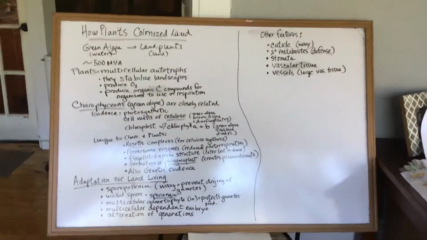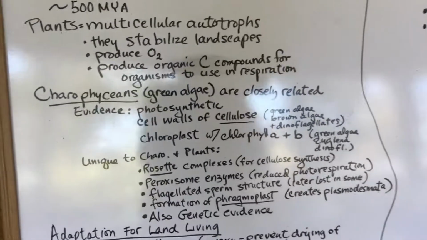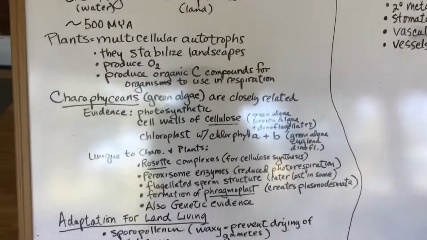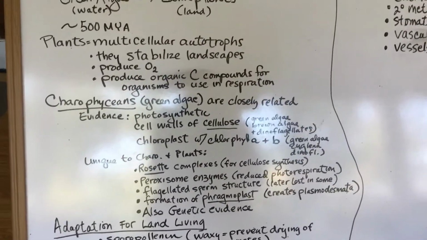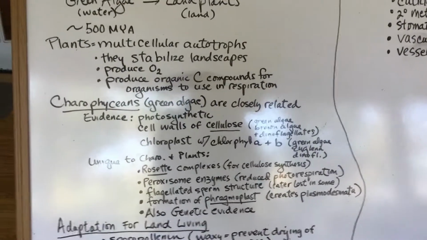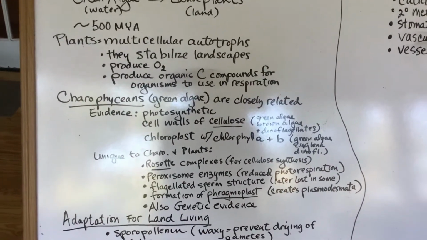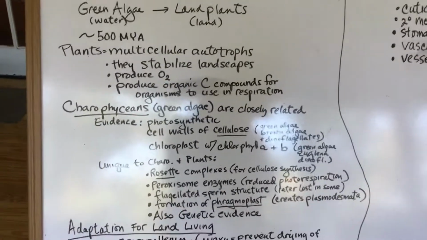Now, some other groups are also photosynthetic, as we've been talking about before, like dinoflagellates, or all the different types of algae, green, brown, red, etc. They are also photosynthetic, but they are slightly different from land plants.